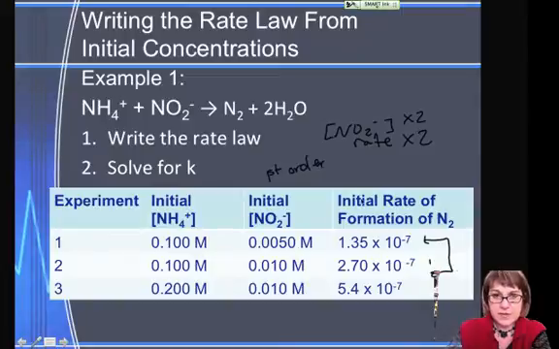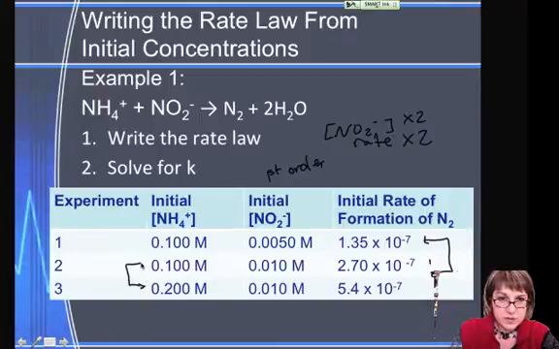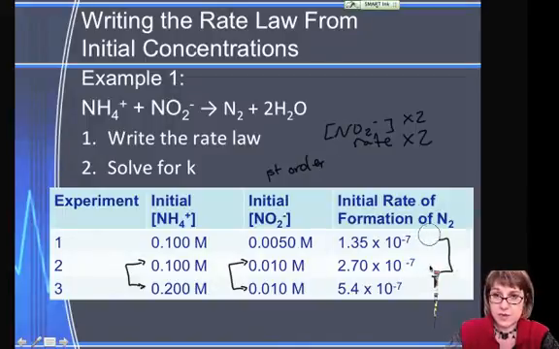Now let's look at what happens with ammonium. In experiment 3, the ammonium concentration was doubled compared to experiment 2, but the concentration of nitrate was held constant. So let's compare the rate for experiment 2 and experiment 3.